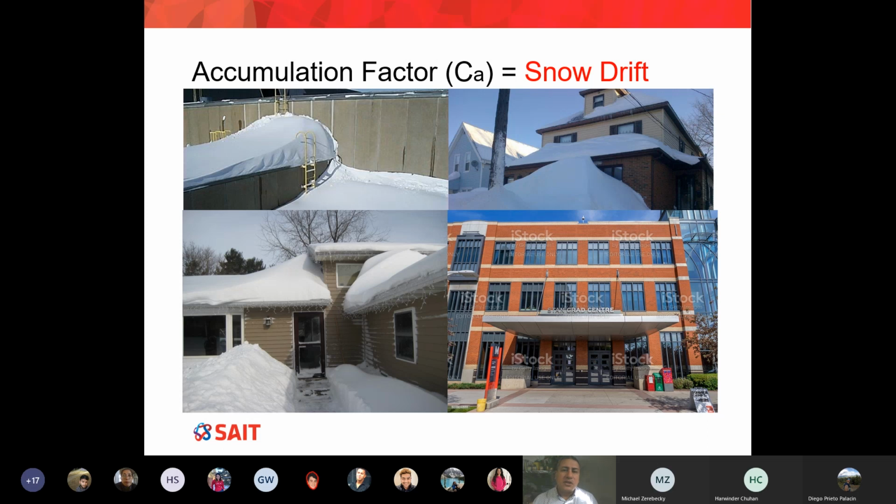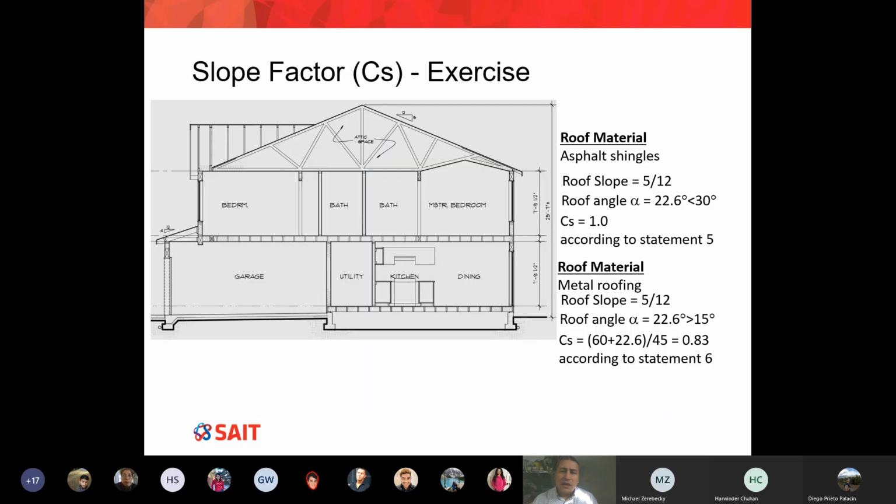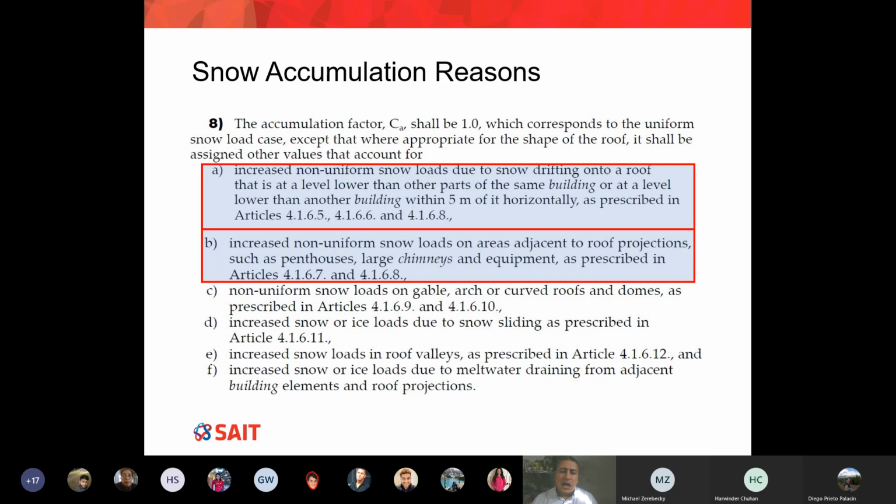Next is item number B. It says increased non-uniform snow load on areas adjacent to roof projections. I know maybe roof projections is not a very common name, so I'll explain in detail what it means.